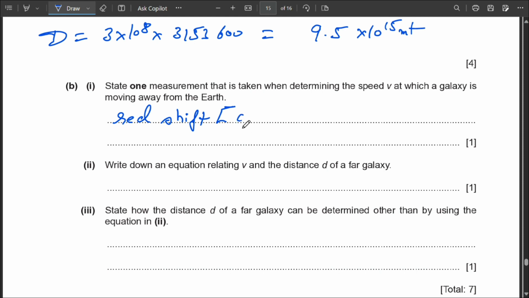So that is the change in wavelength of galaxy starlight.